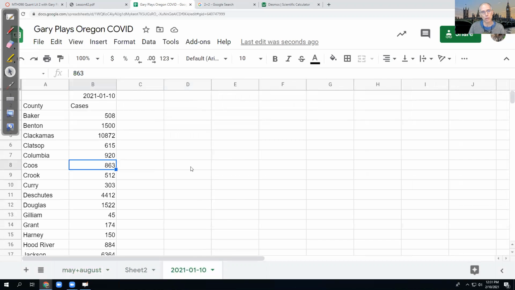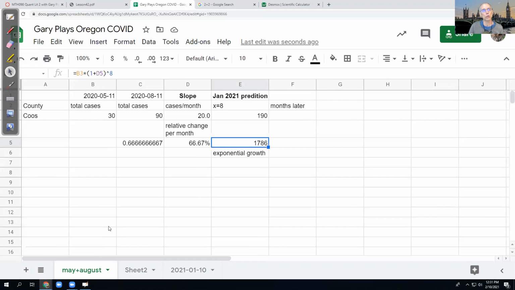But again, the actual amount was only about 900. So the rate of growth of COVID cases in Coos County was somewhere between a straight line and an exponential curve. Okay? The straight line underpredicted, this exponential curve overpredicted.